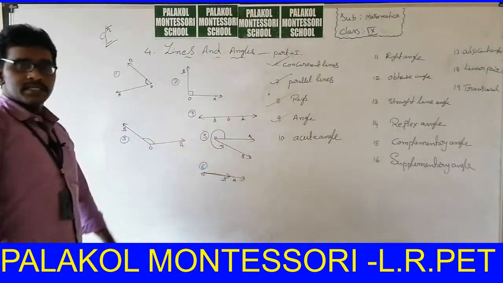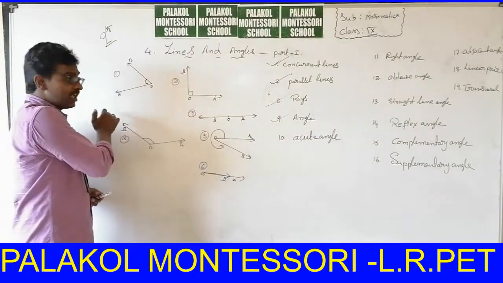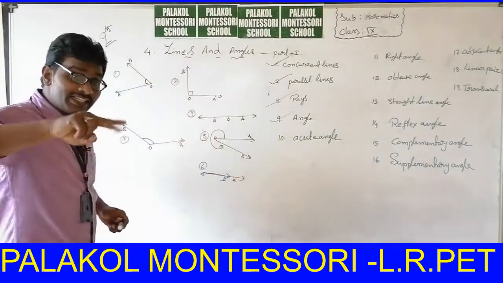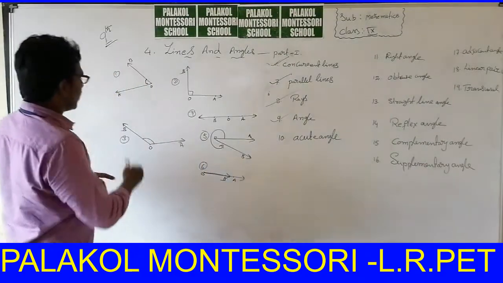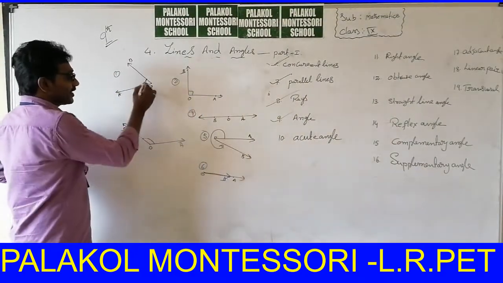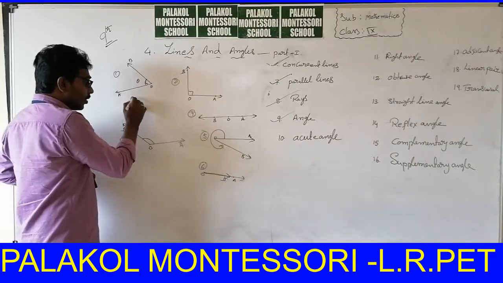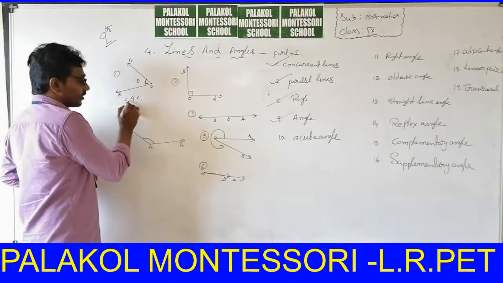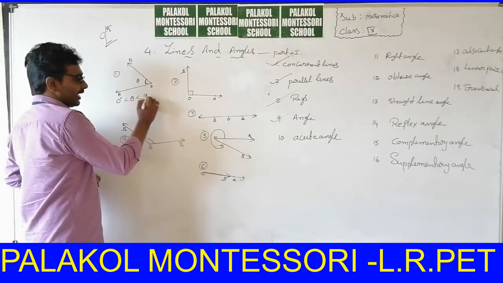In the first picture, please observe, OA is the initial ray, OB is the rotated or terminal ray. So the terminal ray and initial ray make some angle, theta. The theta is always greater than 0 degrees and less than 90 degrees.